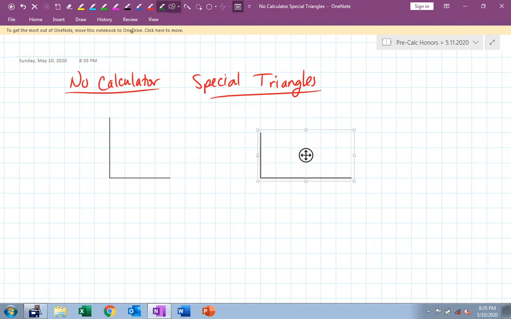Again, these triangles can be drawn different ways. They don't necessarily need to be facing this way and whatnot. But this is a 45 degree, 90. All right, they have congruent sides. It was a special triangle that you did in geometry. The other one here, this is a 30, 60, 90.